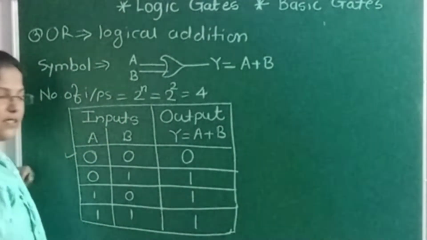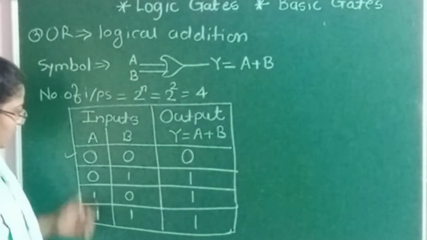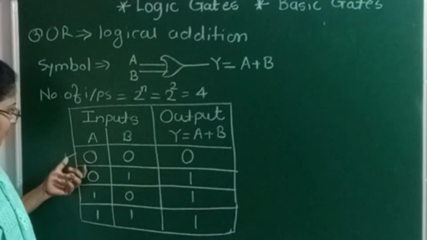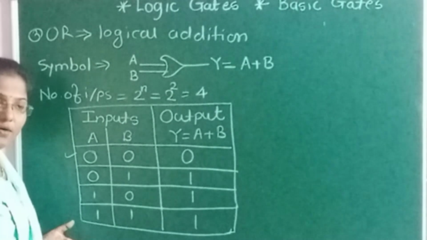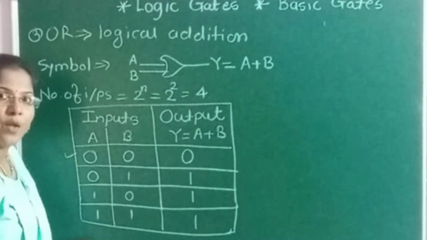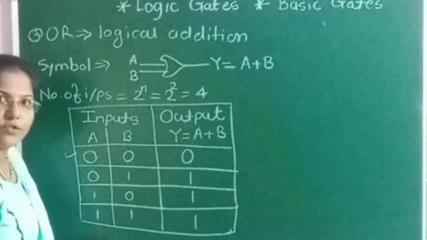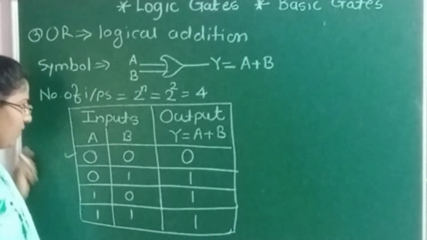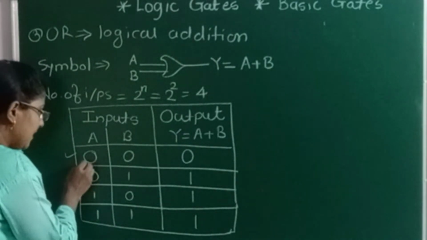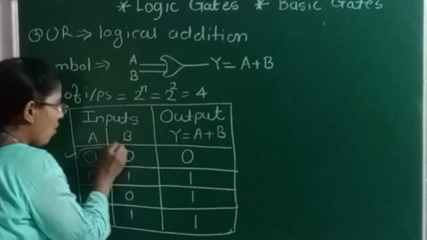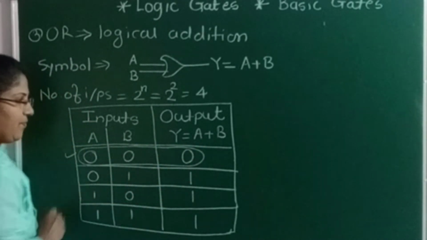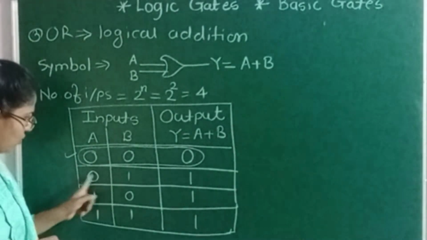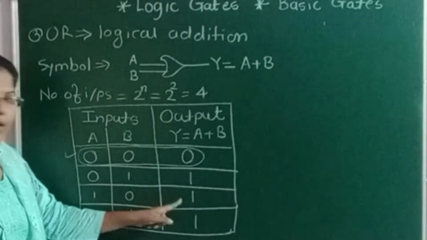Now here you can see in this truth table, this is not exactly opposite to the AND gate, but in the AND gate we were getting the output as 1 only if all the inputs are 1. And now here we can conclude that we are getting the output as 0 only when all the inputs are 0. So if even a single input is 1, then the output is 1.